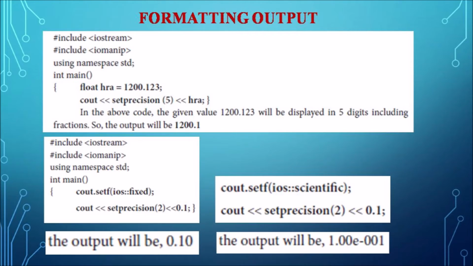That is setf under the fixed method, the first method. The same is given in scientific. Now you see the same setprecision 2 is given with 0.1.